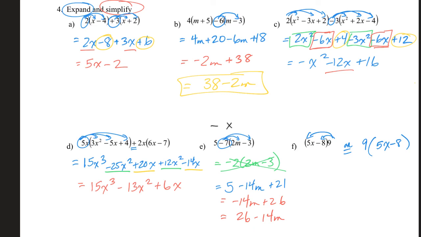No, not at all. I do the operation. And so the operation between those is multiply. So we multiply 5 times 9 with my x. Negative 8 times 9. And you are done. And there you go.